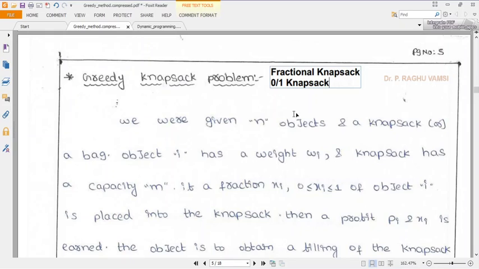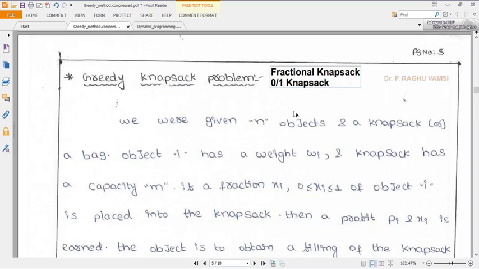In such cases, what you can do is take a fraction. That means you can put a part of that item in the bag so that it reaches the maximum size of the bag. In fractional knapsack, you can place half of the item, or 1/4 of the item, or 1/10 of the item in the bag, so that finally you fill the capacity of the bag.